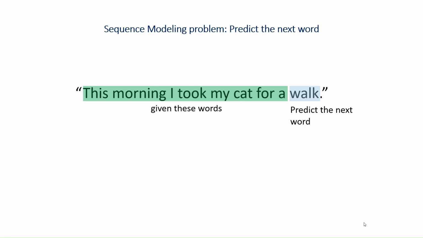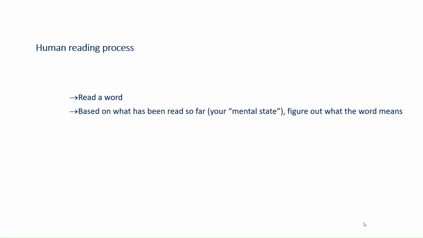So what we need is to step back and reflect on how we humans read a language. When we read a sentence, we usually scan it from the beginning, one word at a time. Once a word is read, based on what has been read so far, we have some sort of mental state.